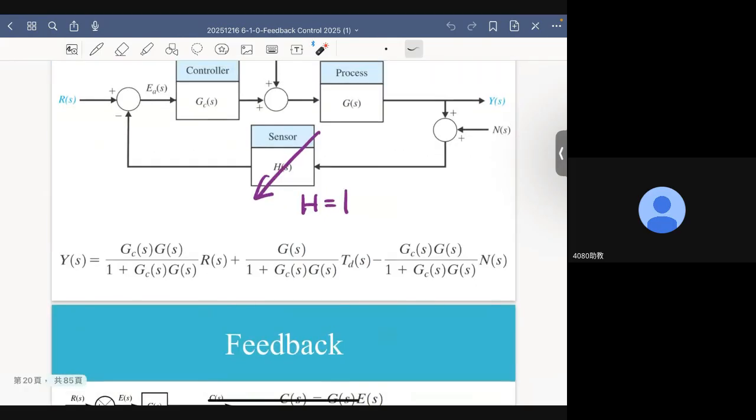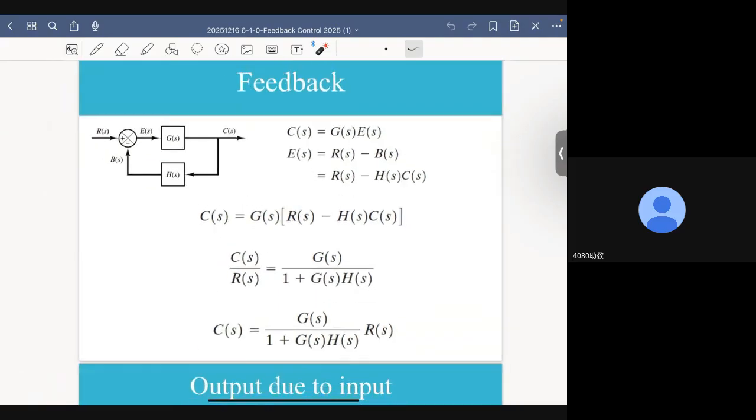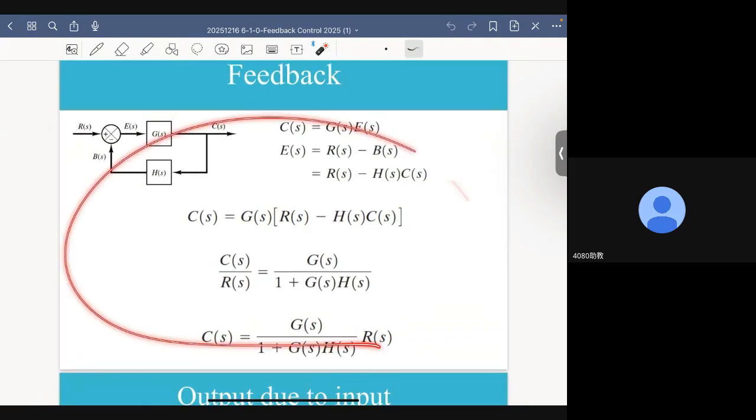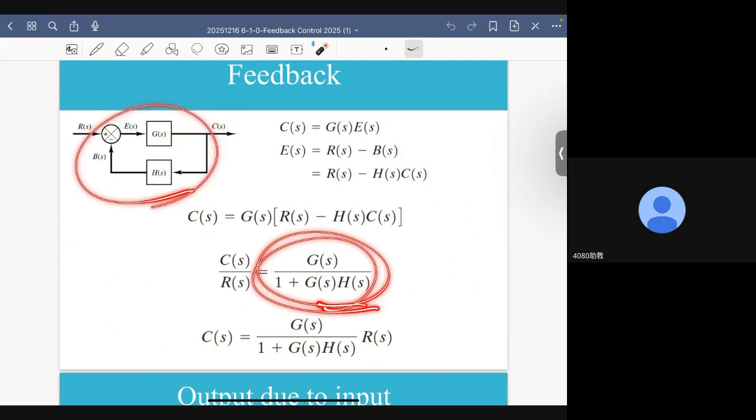With this in mind, let me explain how we get these transfer functions. The first equation that we use is based on the result of this slide. Here we have a transfer function, and by going through this mathematical derivation, we know that the ratio of the output to the input is G divided by 1 plus GH, which is the transfer function of this system.